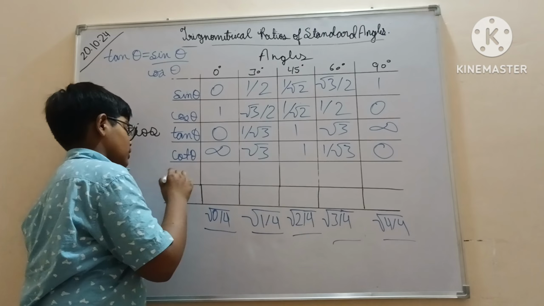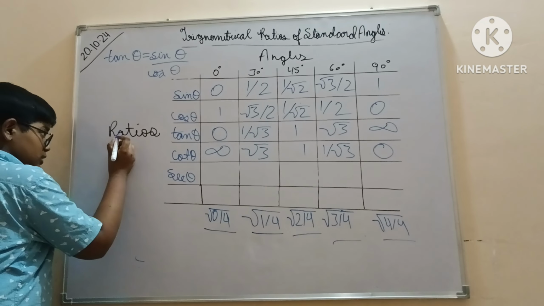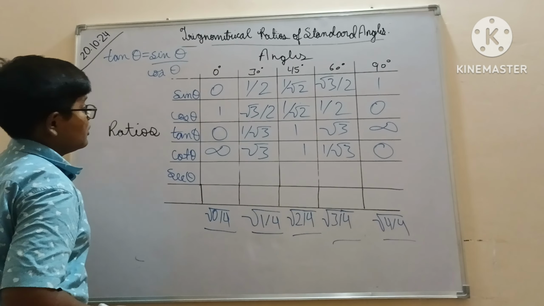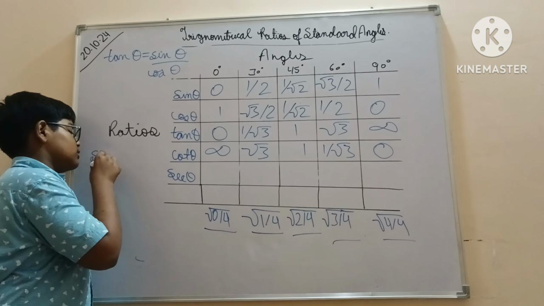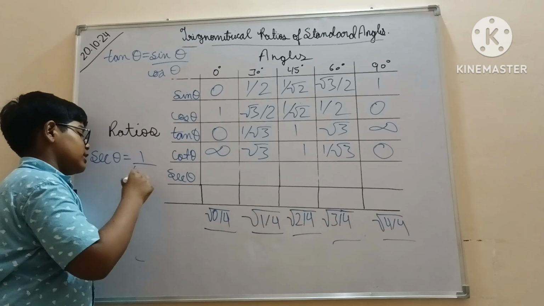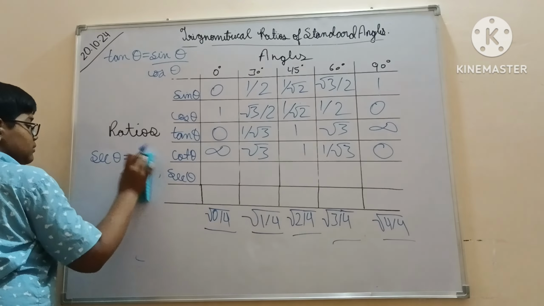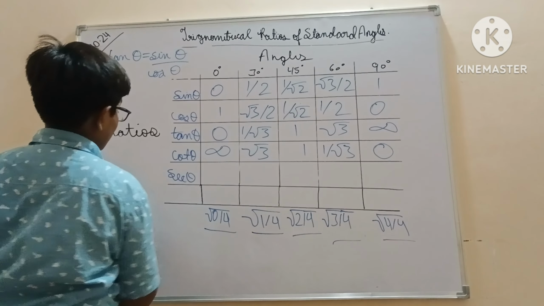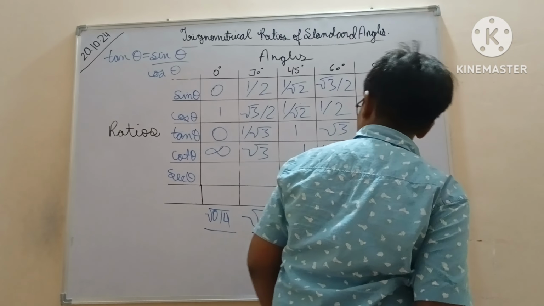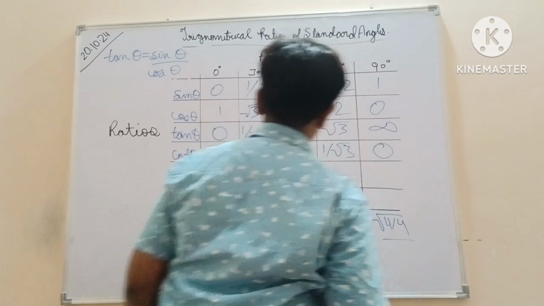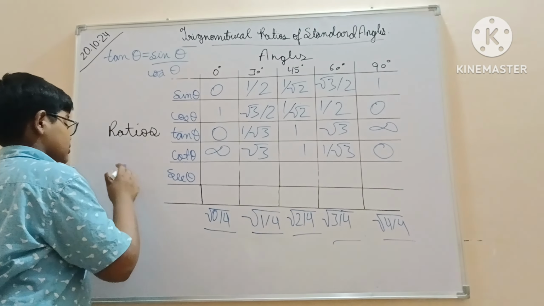Now we will find the value of sec theta. As you know, there is a relation between cos theta and sec theta, that sec theta is equal to 1 divided by cos theta. So by this we can state all the standard angles of sec theta by the reciprocal of cos theta.